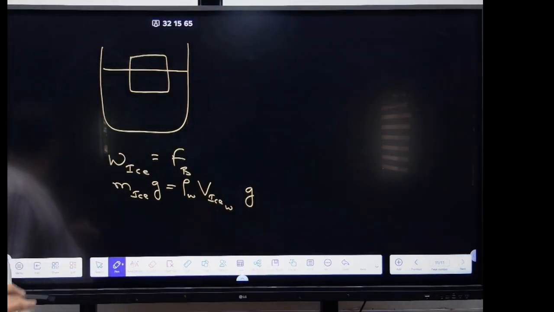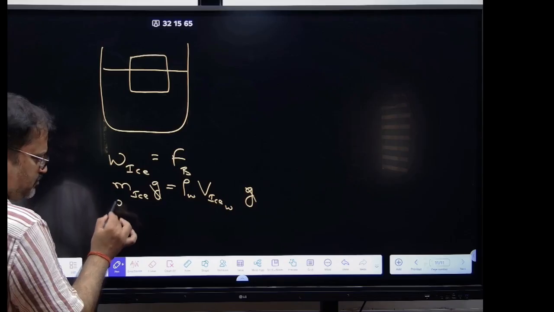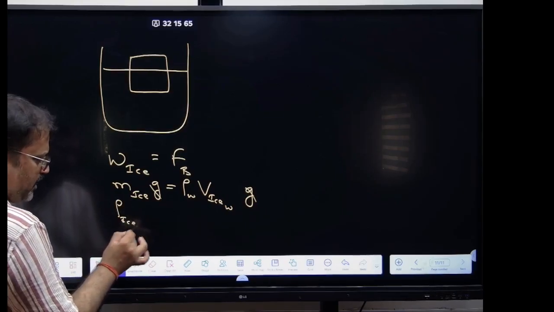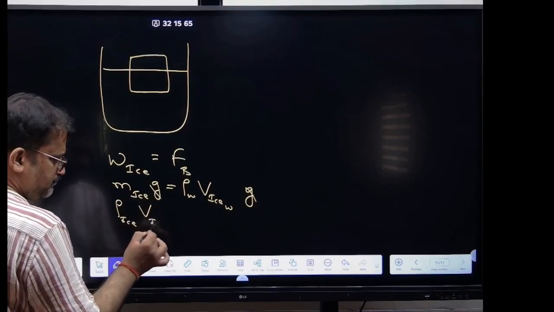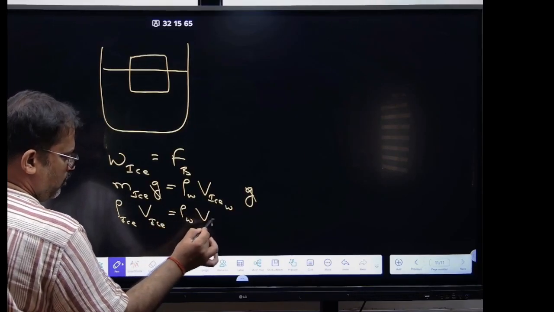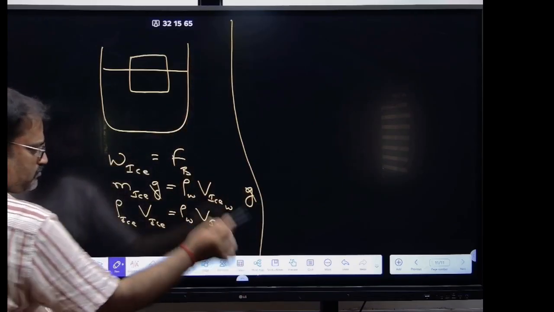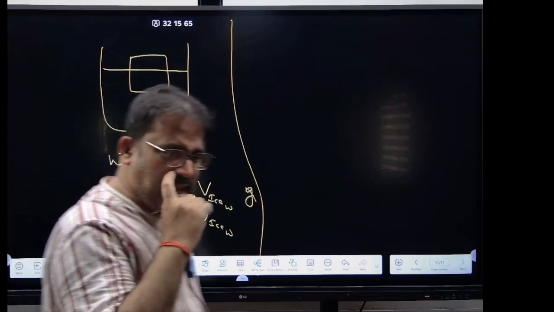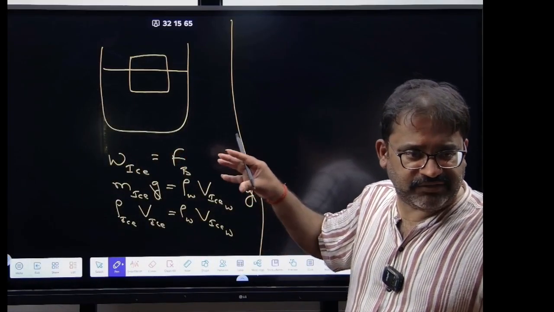Now what can I cancel off here? g can be cancelled off. Now what is mass given by children? Mass is given by density of ice into entire volume of ice, which is equal to density of water into volume of ice inside water. Now remember, he is asking us about fraction of the ice.